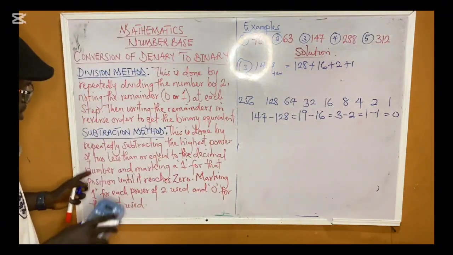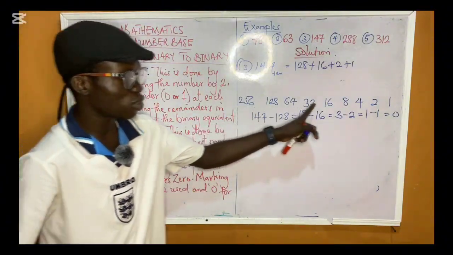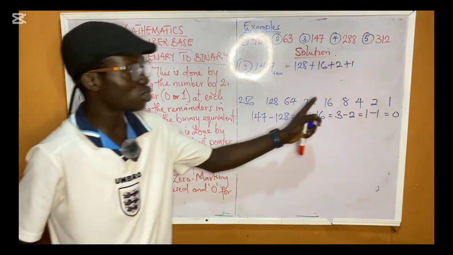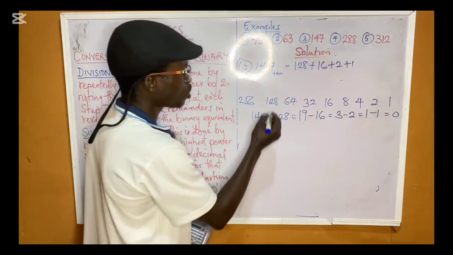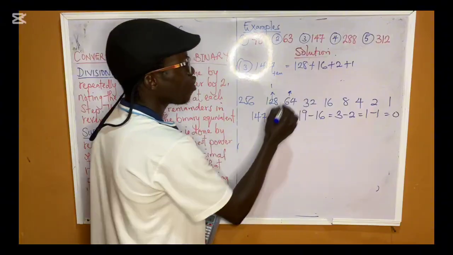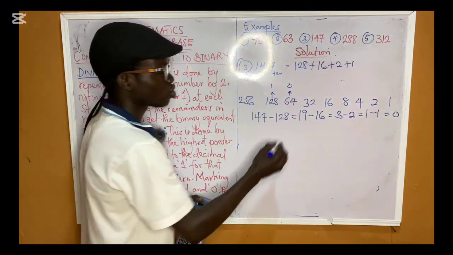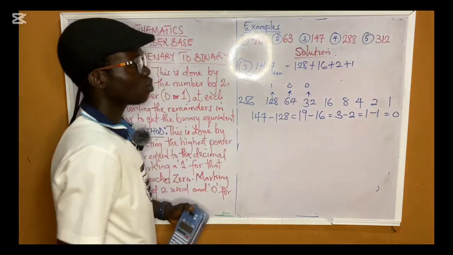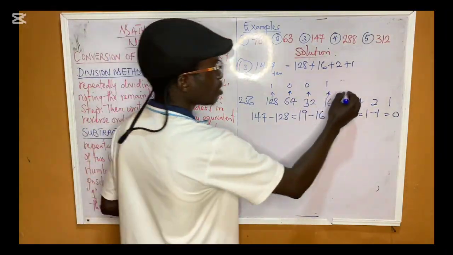So remember the procedure. We are going to write 1 on those that we use and 0 on those we did not even touch. So 128 was used. 64. Did we use 64? No. What about 32? No. What about 16? Sure. What about 8?